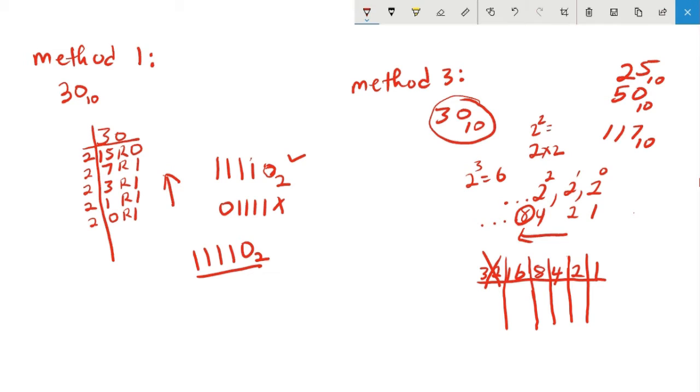Now what you do, you ask yourself, I have the number 30. What is the highest value I can subtract from 30? If you look at these numbers, you will say that's easy. That's 16. Okay?